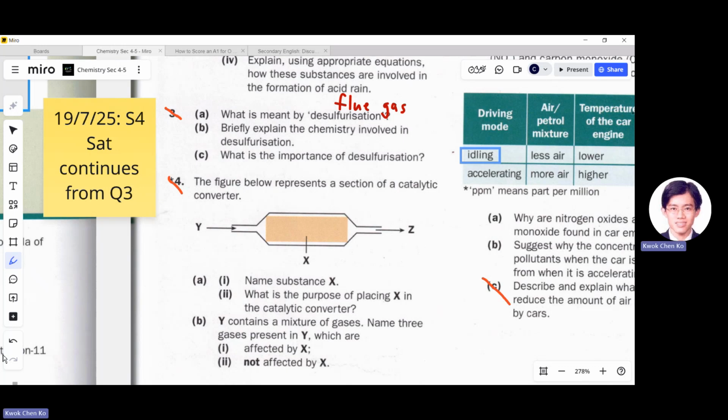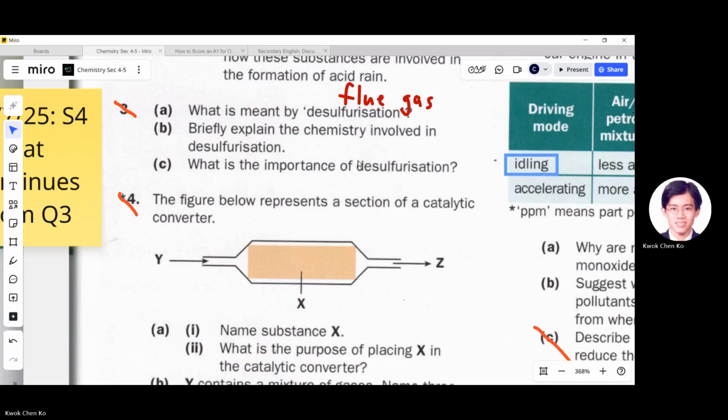Next, chemistry involved in desulfurization. Sabrina, how do you answer that? Okay. What are the other possible reactants instead of using calcium carbonate?